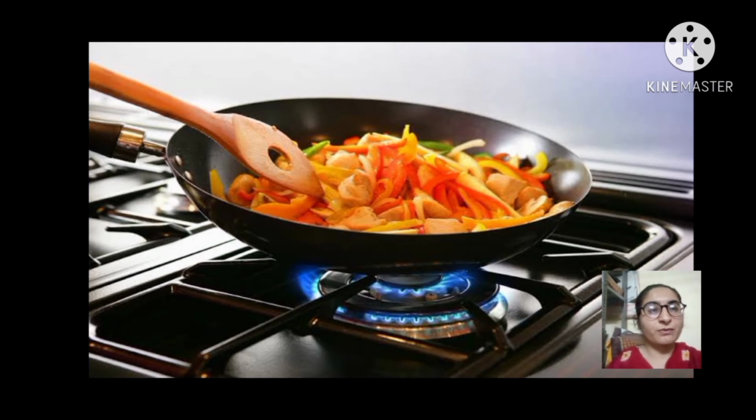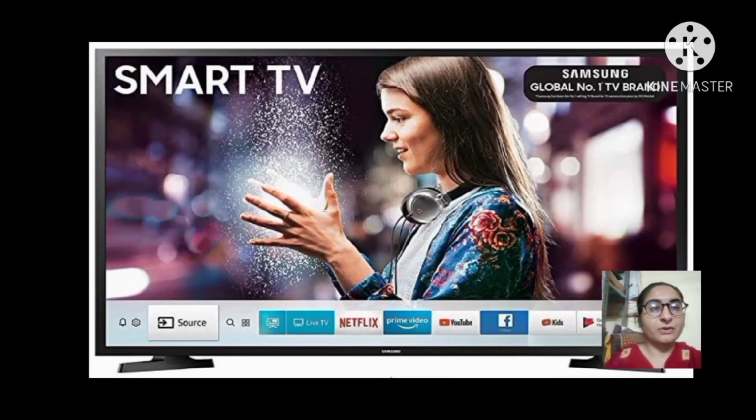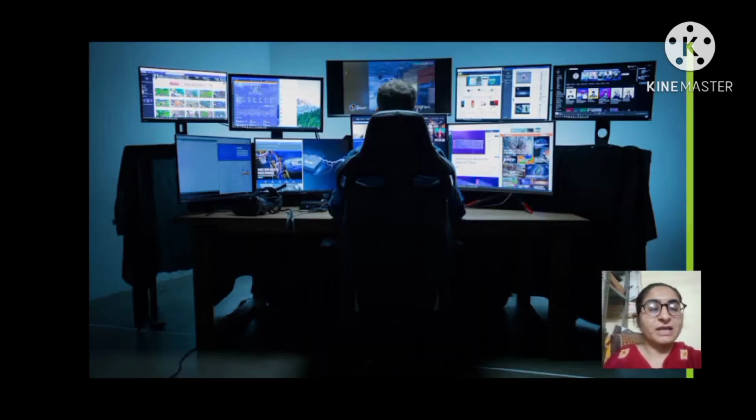We need energy for cooking our food also, and for running factories. For using television we need energy. We need energy for using a computer also.